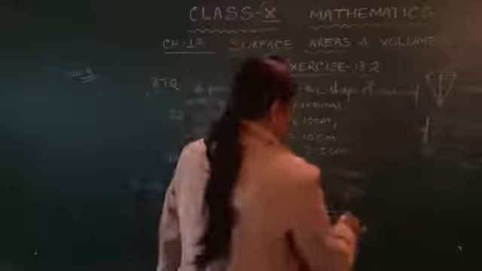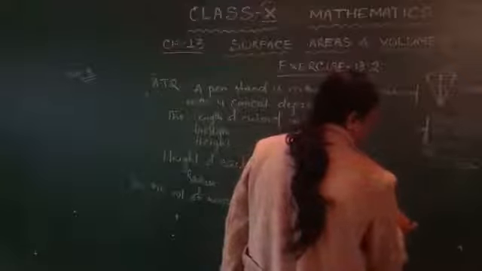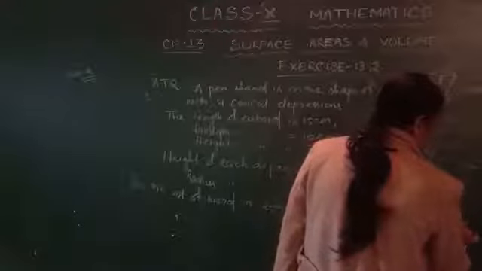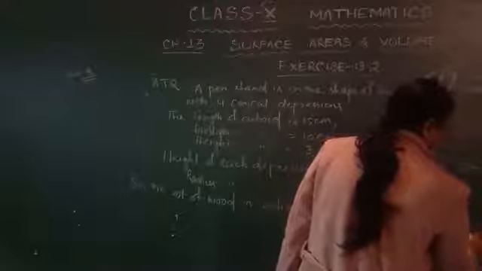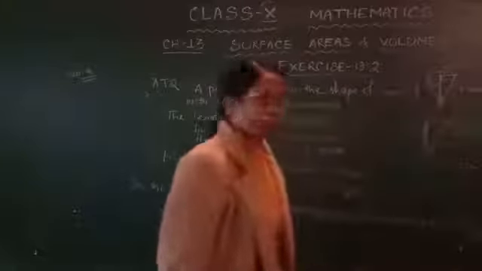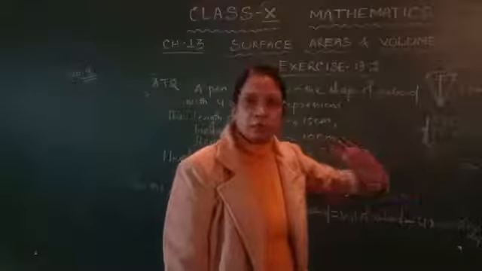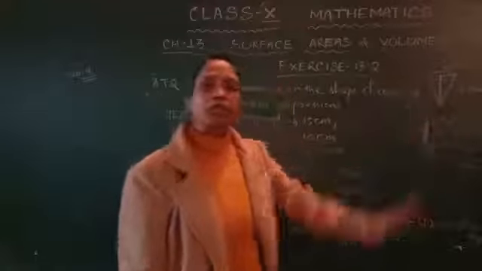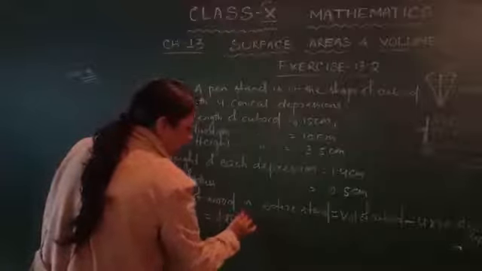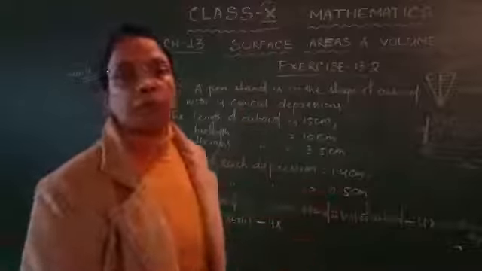The volume of cuboid minus 4 into the volume of each depression. How many depressions are there? 4 depressions. So what is the volume of a cuboid? Length into breadth into height minus 4 into the volume of each depression.